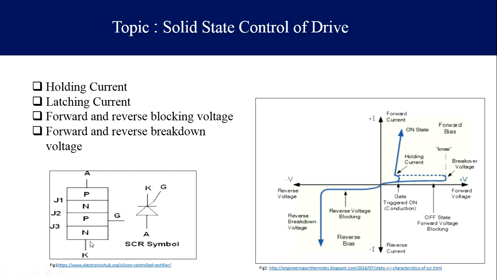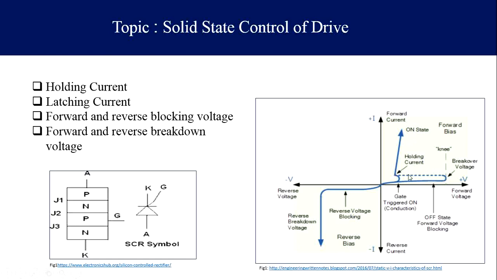The current will start flowing, and at a particular point this junction will break down, it will open, it will start conducting, and that voltage is called the breakdown voltage or the knee voltage. As soon as that situation occurs, the current starts increasing tremendously and my SCR starts in conduction mode. This is how it operates in forward blocking mode.